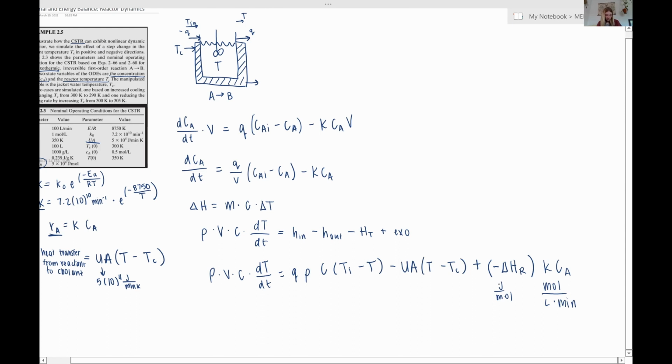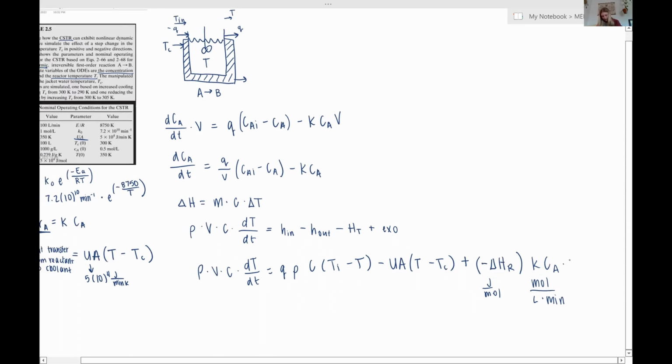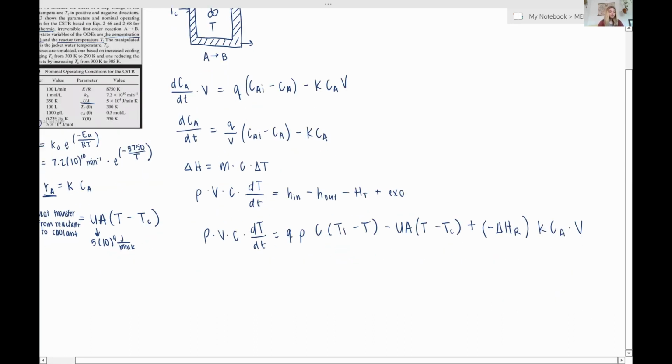So now we have joules per liter minutes. We also need to multiply by volume to get rid of that liters. So we'll have moles cancel, liters cancel, and we're left with joules per minute. Alrighty, now I think that means we're good then. All of our units are correct.